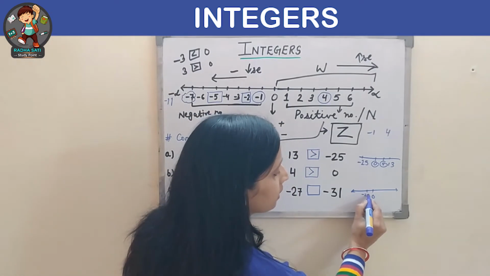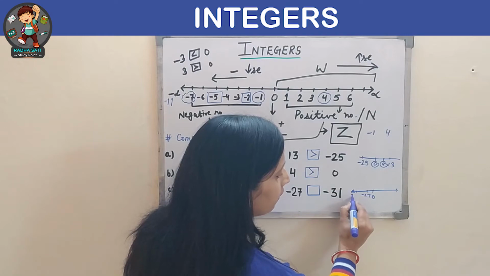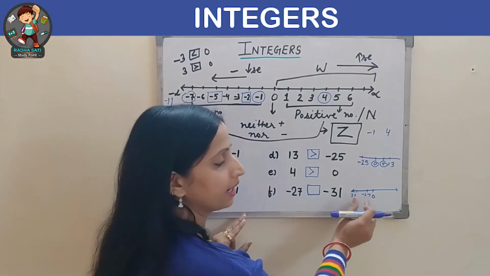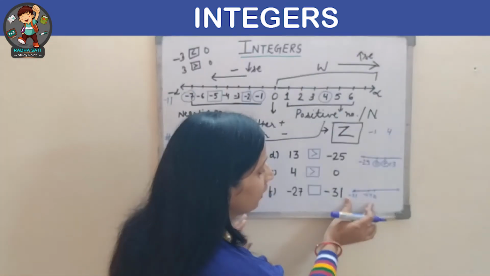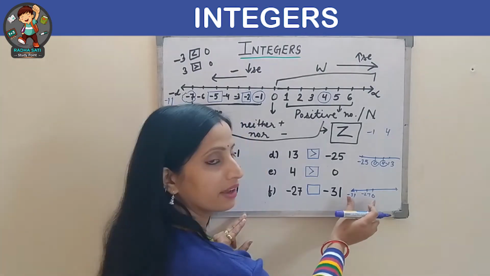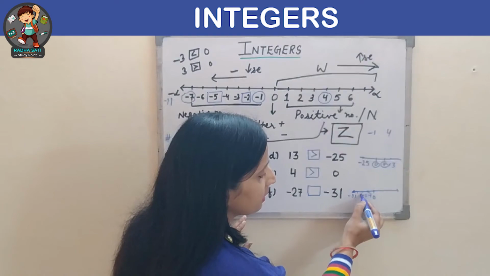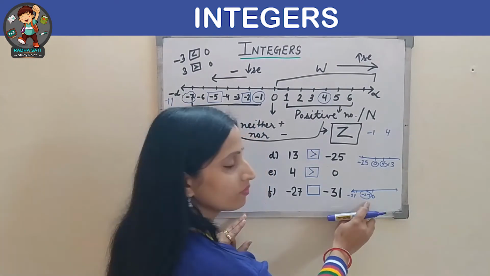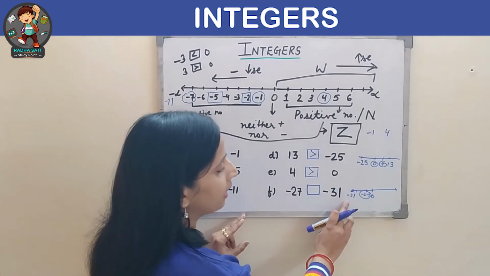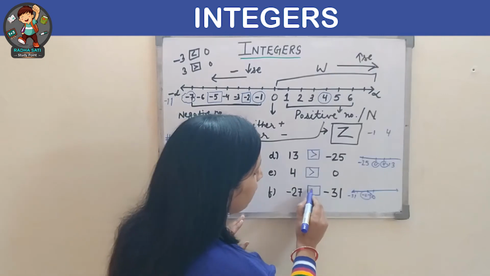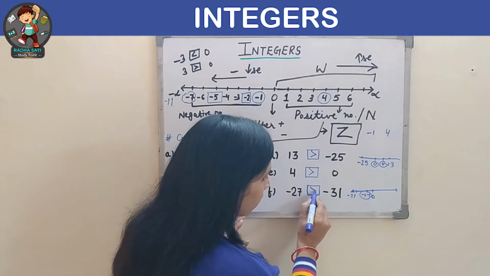If this is minus 27, minus 31 will be this side. Now we will check which number is to the right side. From minus 31 and minus 27, we can see that minus 27 is to the right of minus 31. So that's why it will be greater.